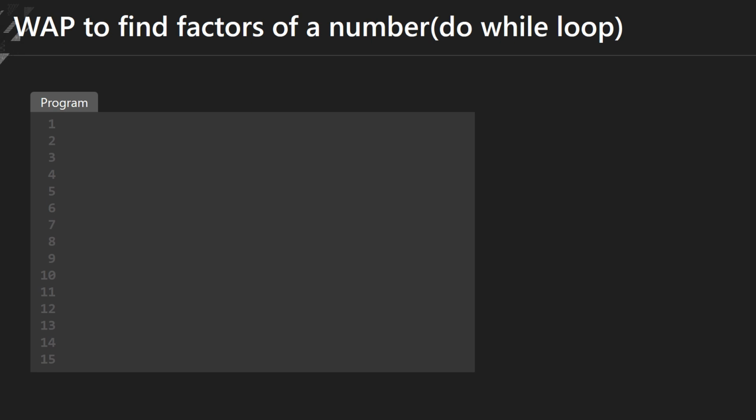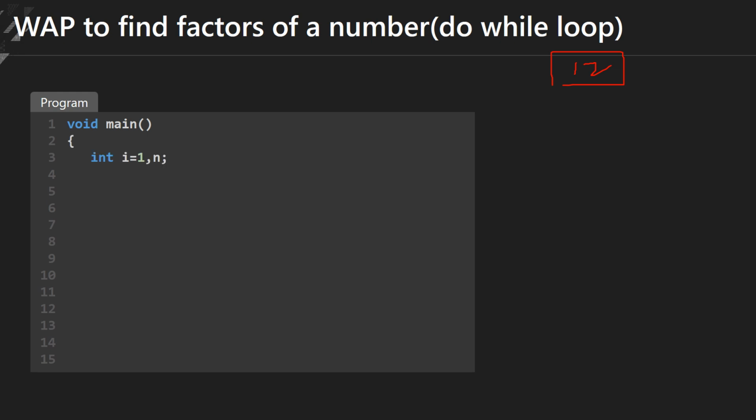Let us understand this thoroughly with an example using do while. We have to find the factors of a number, for example the factors of 12, which I already showed in my previous video. I have taken the same program to demonstrate the do while statement.